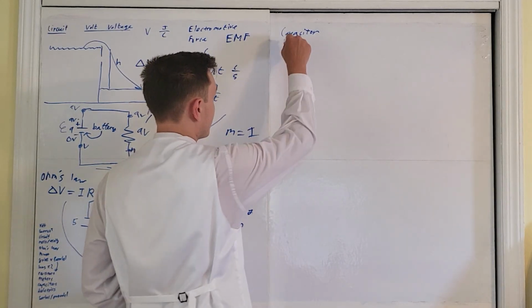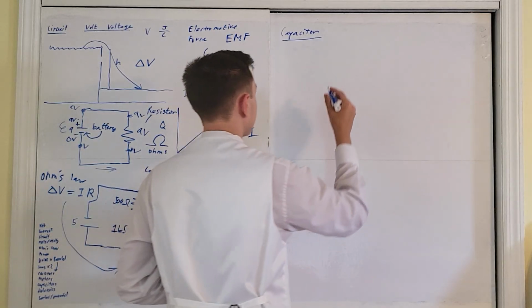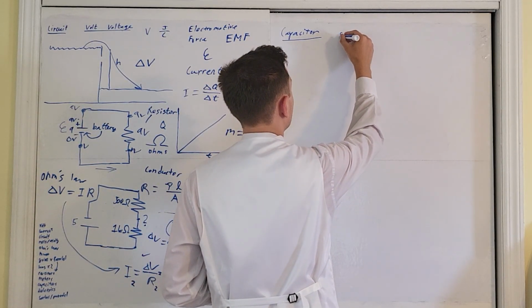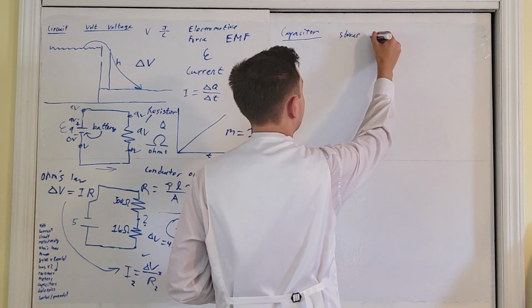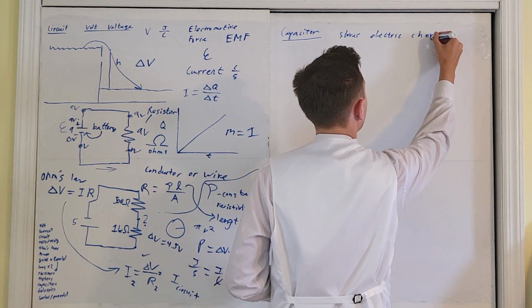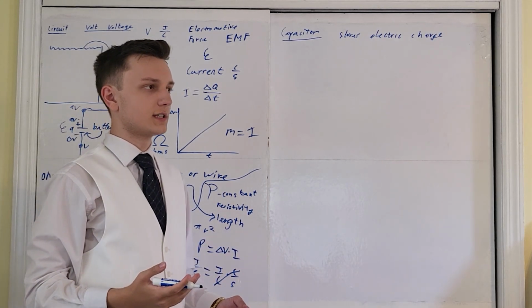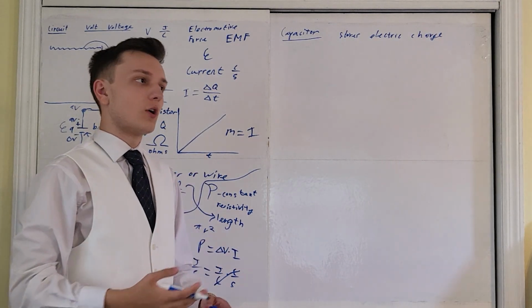What is a capacitor? A capacitor is a device that stores electric charge. And I'm sure all of you are sitting there saying, if it stores electric charge, isn't that just a battery?